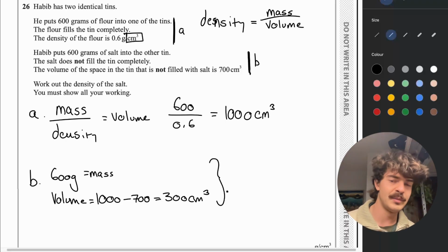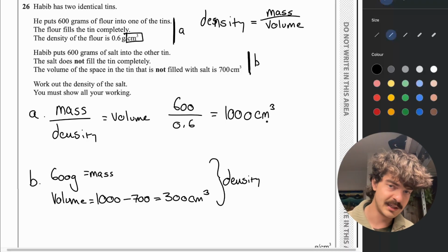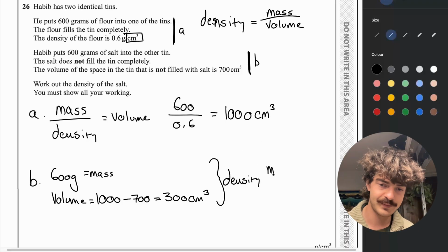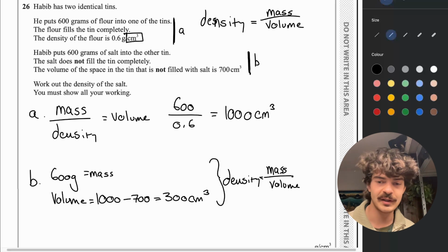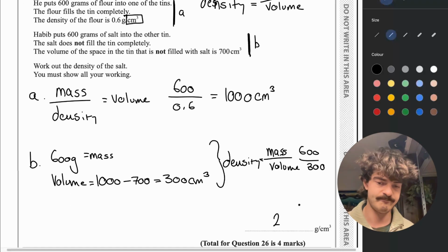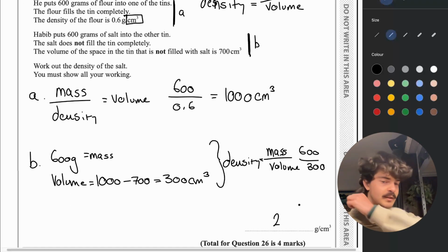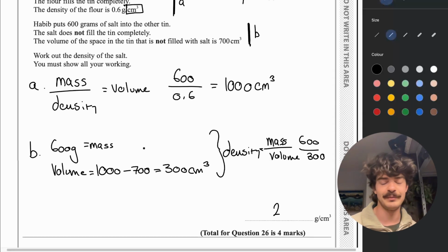Putting this together, we can figure out the density by dividing mass by volume. So for us that's going to be 600 divided by 300, which gives 2. Nice. So to summarize, salt is more dense than flour.